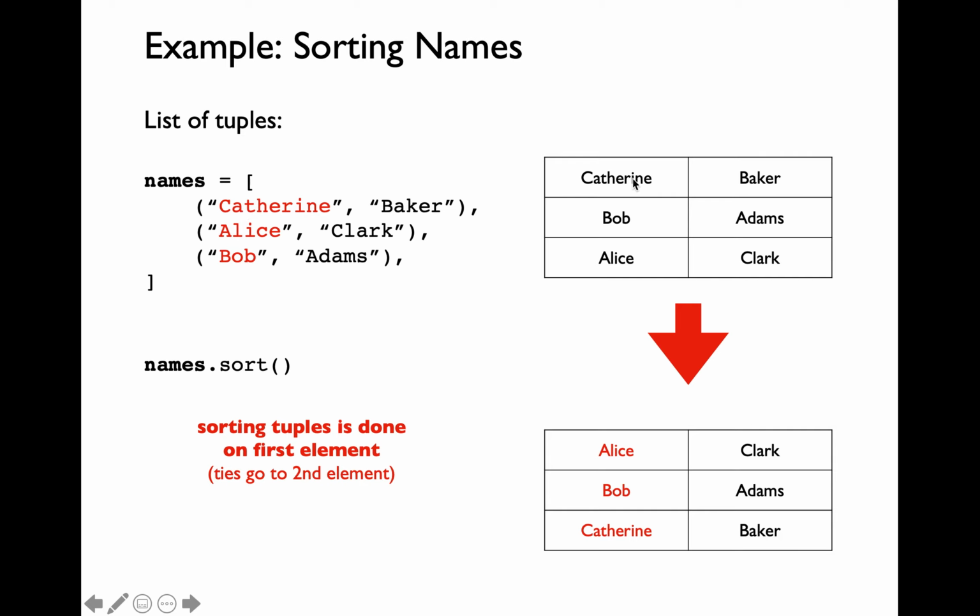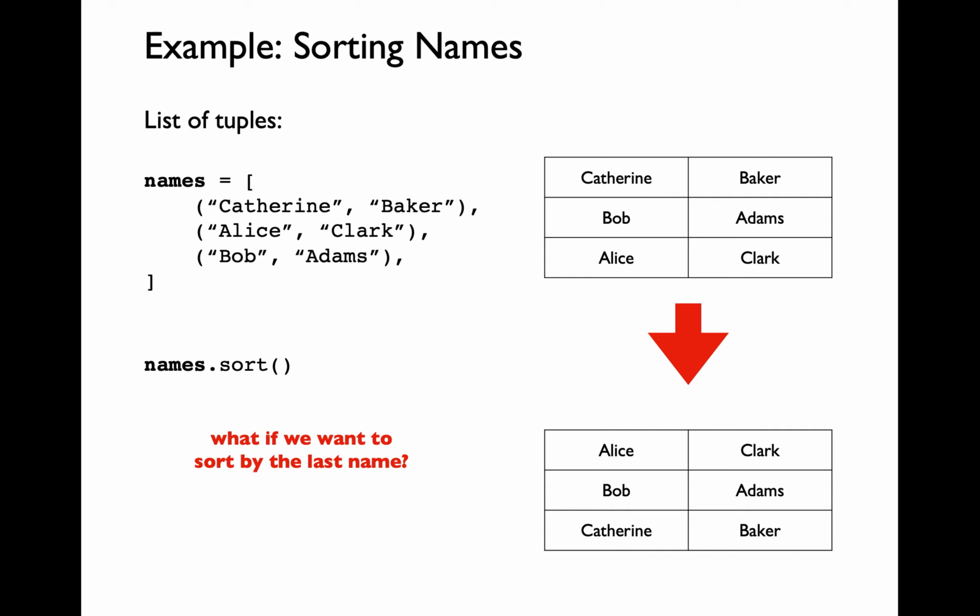So if you invoke the sort function, an unordered list of tuples will now become an ordered list of tuples based on the first element. You're going to get the order as Alice, Bob, and Catherine, ordered by the first character of each of those strings in alphabetic order.